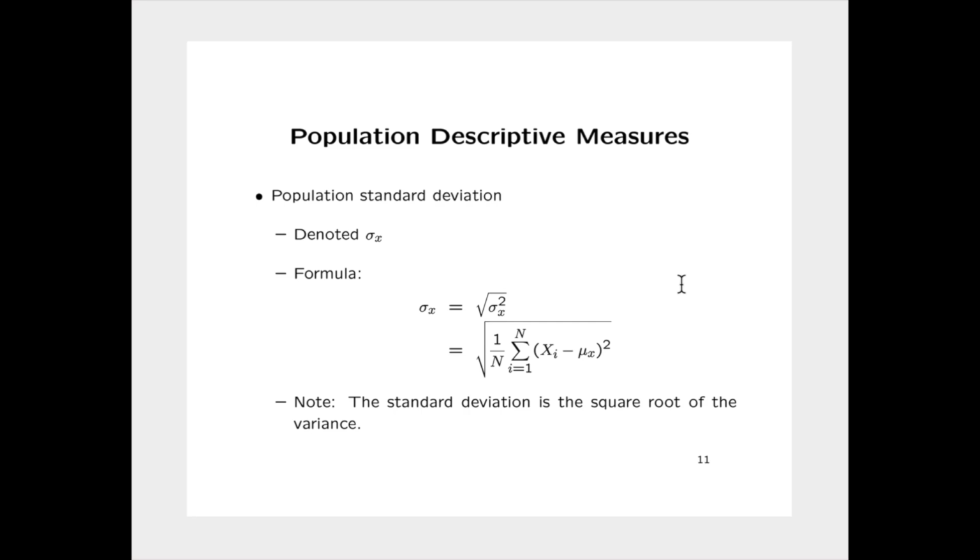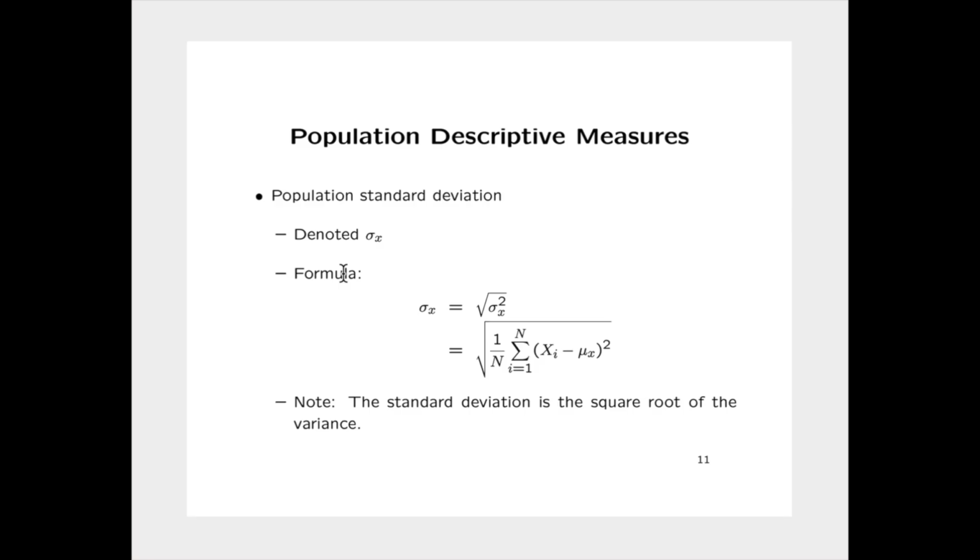And so one way to alleviate that problem is to calculate the square root of the variance. In doing that, we would calculate the square root of the units. And so if we calculate the square root of the squared units, then we get back to the units of the data. And so that's one of the reasons that we calculate the square root of the variance.